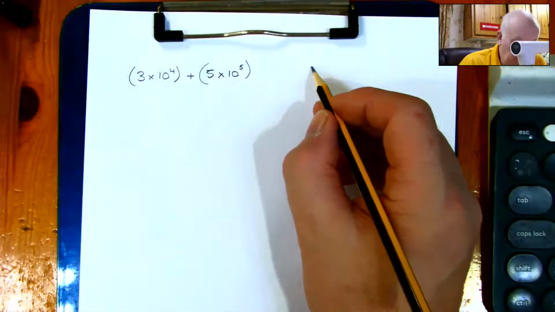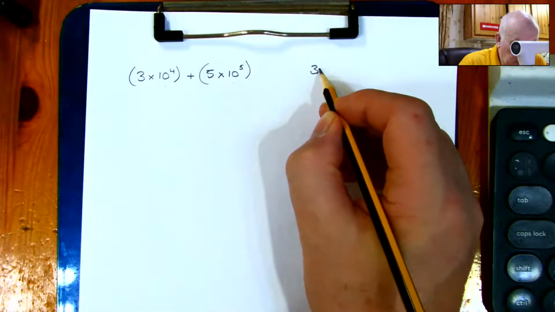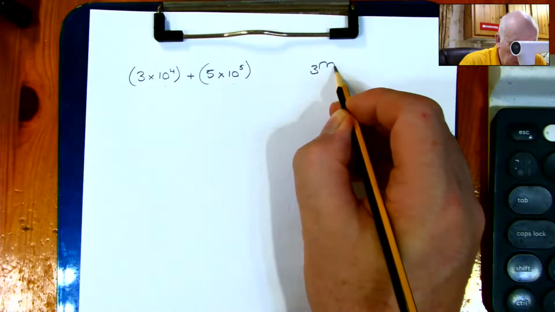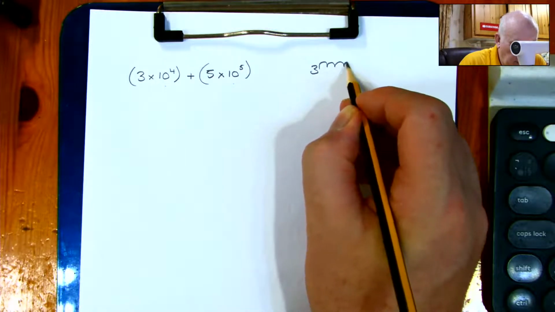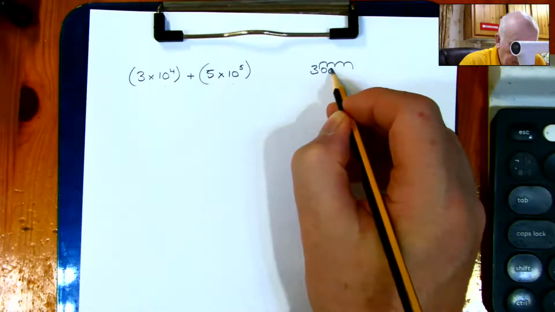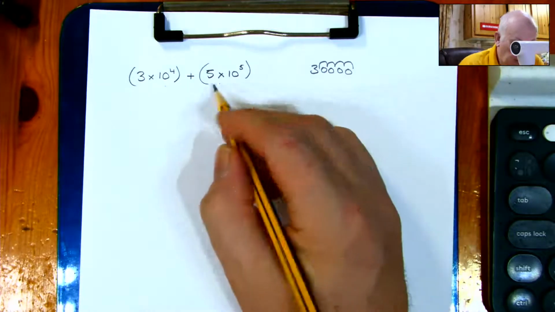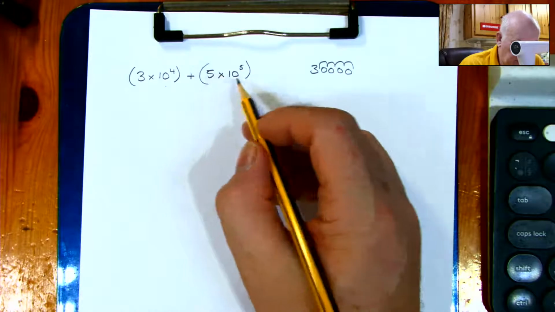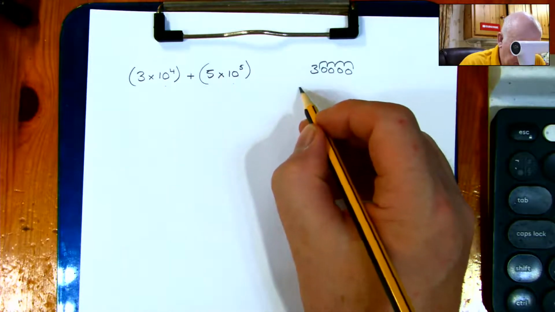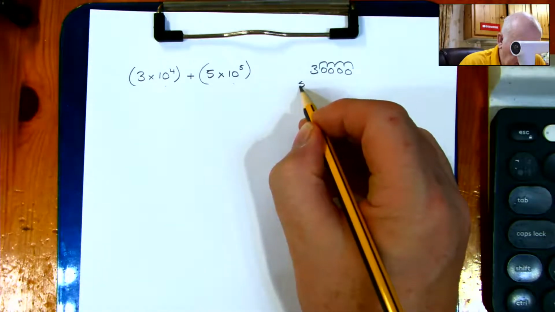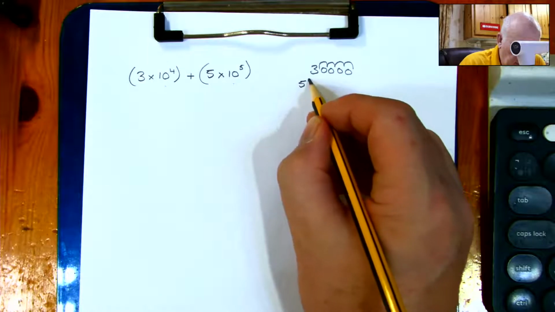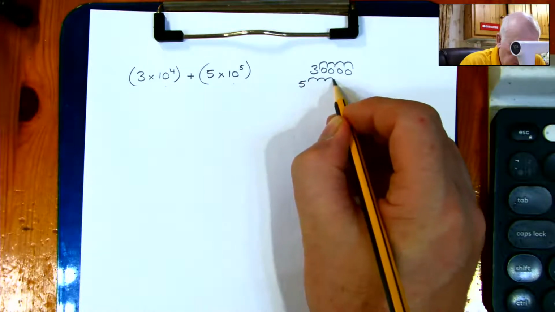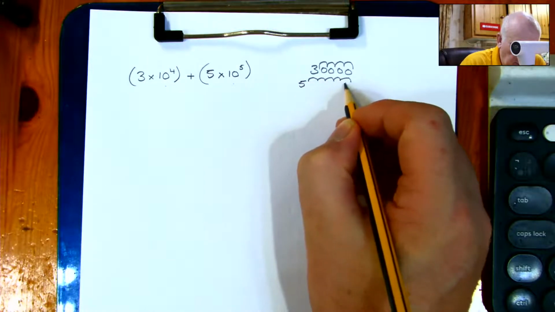So 3 times 10 to the 4 is going to give me 3, 1, 2, 3, 4. And we've got 5 times 10 to the 5, which is going to give me 5, and then 1, 2, 3, 4, 5.